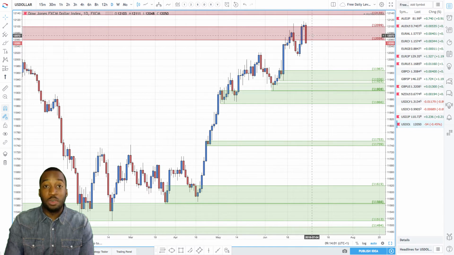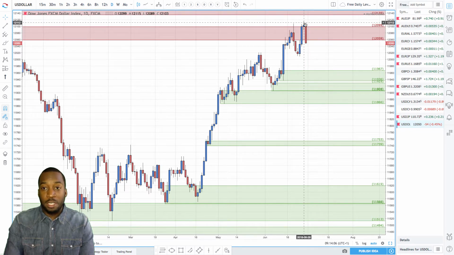I know this is technical analysis, but from a fundamental perspective, we've had GDP figures come out on the, was it yesterday or the Thursday? I think it was the Thursday, and it was below expected. I think it was expected at 2.2 and it came out at 2.0. Not to say that it's the economy slowing down in the US, but it would have been better for them to at least meet expectations or have some growth.